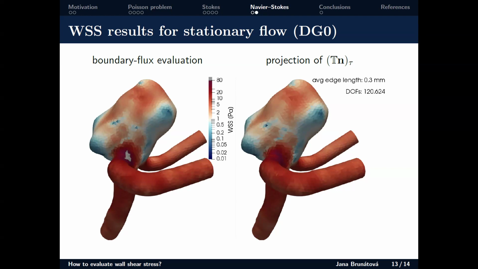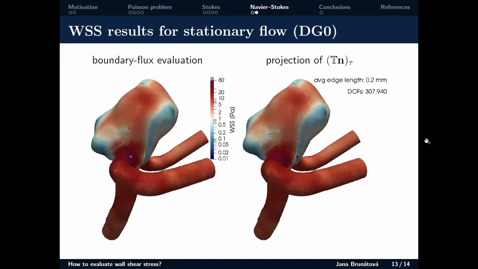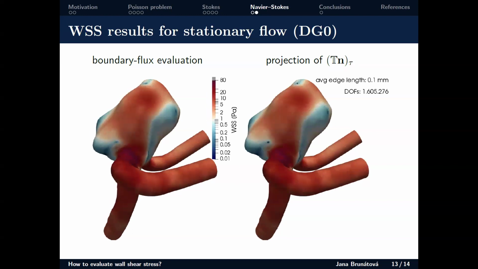So here we can see that the boundary flux evaluation overestimates the wall shear stress in this region where the velocity jet hits the aneurysm. But this only happens for coarse meshes. If we refine it, make the edge length smaller, and even the finest mesh, which looks like this, we can see that both methods show the same result, so they are consistent.